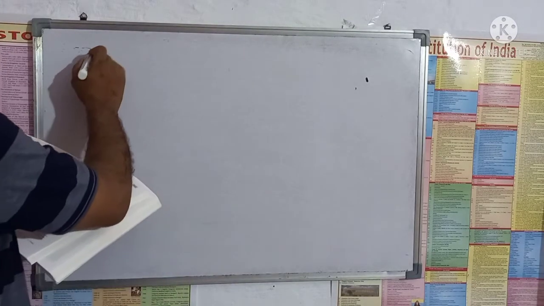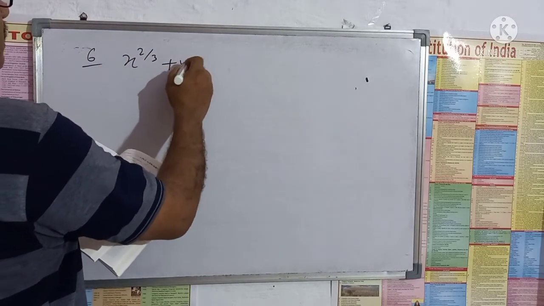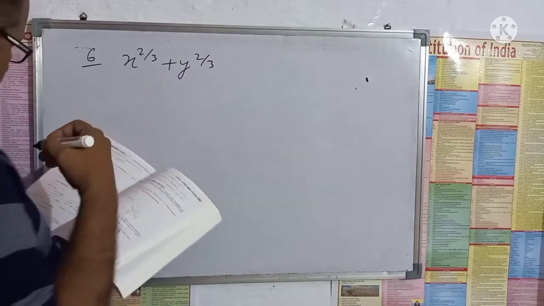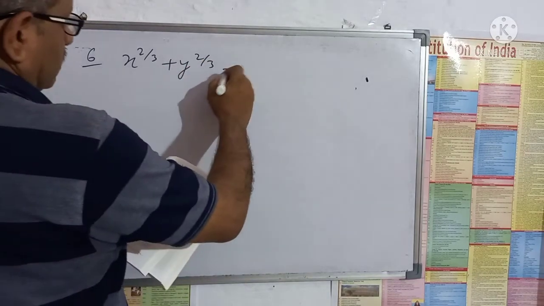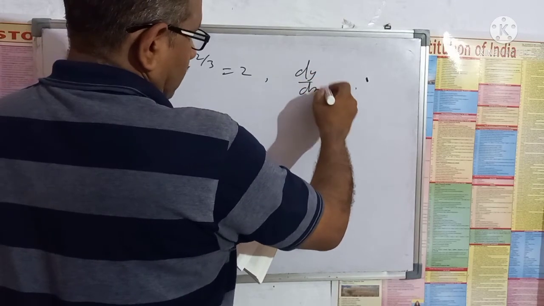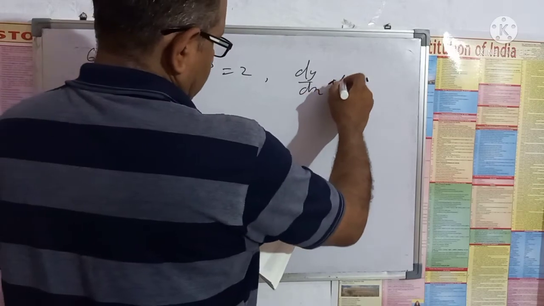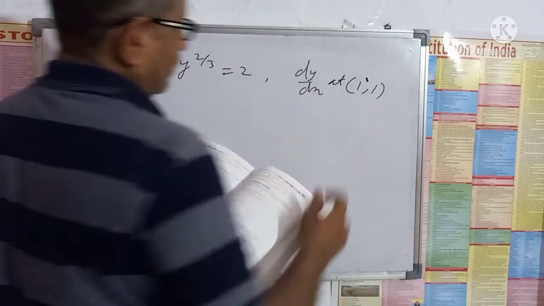Question number 6 is x to the power 2 by 3 plus y to the power 2 by 3 is equal to 2. We have to find dy by dx at 1, 1.